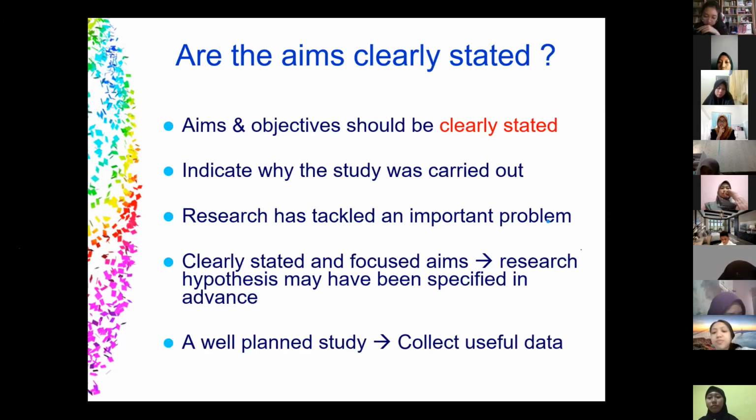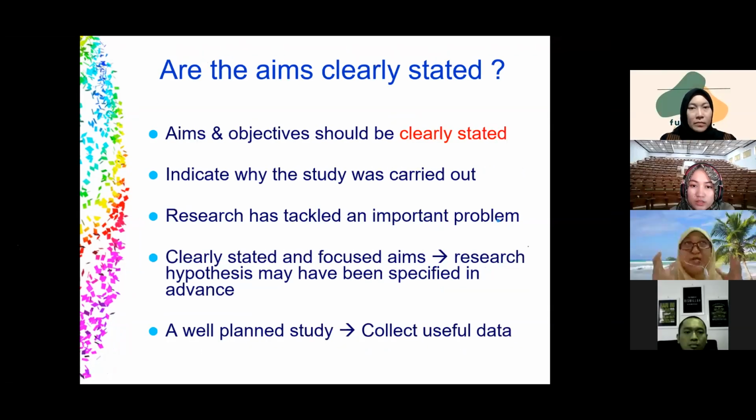Now, a clearly stated and focused aim, dia menunjukkan hypothesis tu mereka sudah ada in advance. Meaning when they conduct a study, sebelum dia buat study tu, they already have their hypothesis. Their hypothesis is, I think this method of teaching, online teaching, is better than face-to-face. So mereka pun buat study.